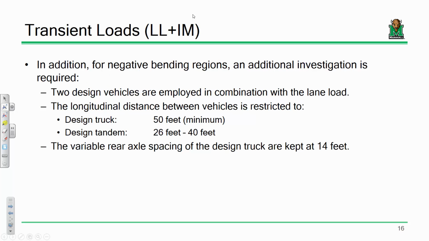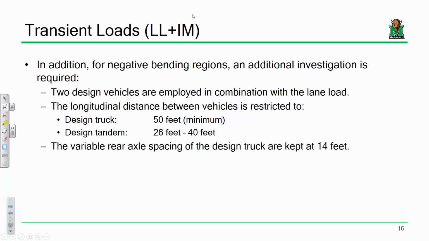I'm going to mention the negative bending stuff really quickly because I don't want to harp on negative bending too much. If you all have a pier, we can talk about it, but we'll see. For negative bending regions, you end up having to do an additional investigation for negative bending across the pier. That's something that the code stipulates. You end up having to use 2 trucks that are straddled across the pier.